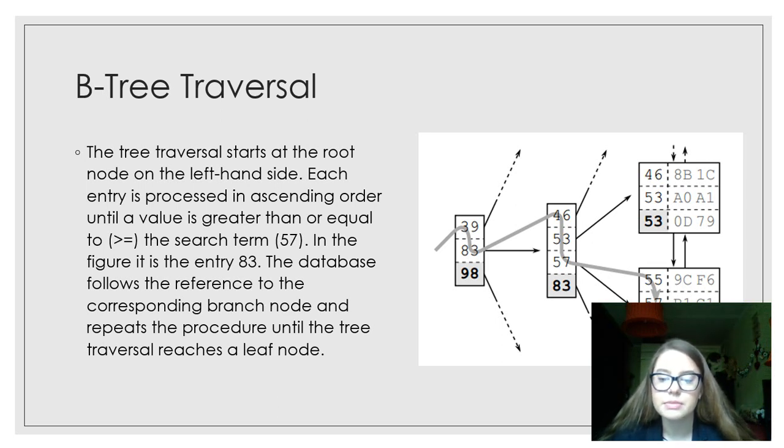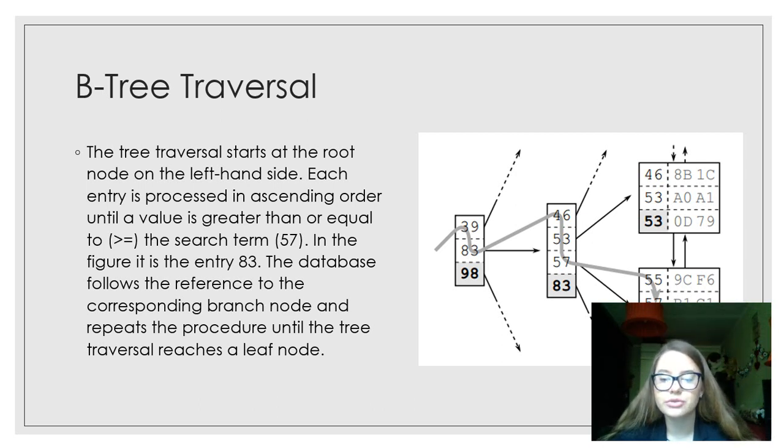The database must read the next leaf node to see if there are any more matching entries. That means that an index lookup not only needs to perform the tree traversal, but it also needs to follow the leaf node chain.